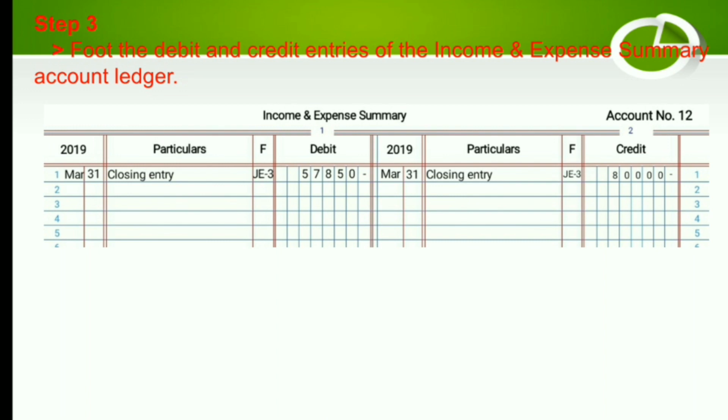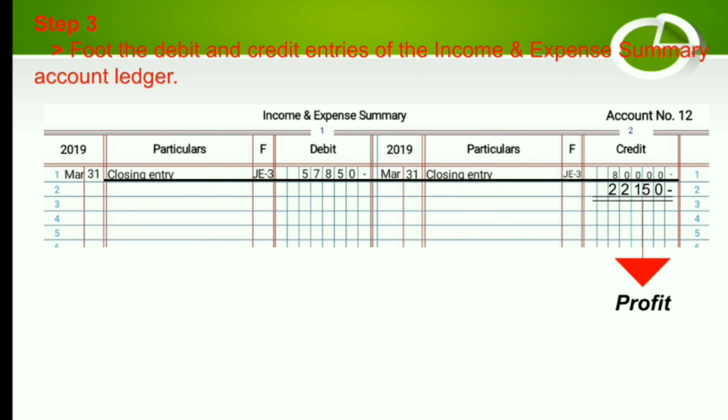So now we will get the difference between these two amounts. So 80,000 less 57,850 is equal to 22,150. So this represents the profit because income is greater than the expenses.